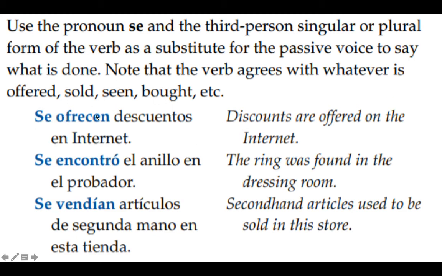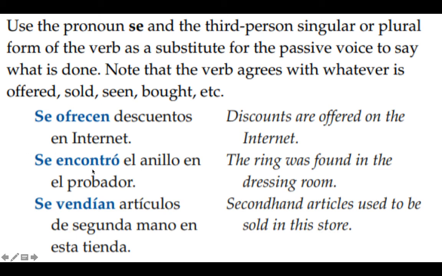Discounts are offered online. In this case, ofrecer, your verb, to offer is conjugated to agree with descuentos, or discounts, which are plural. So instead of se ofrece, it's se ofrecen with an N, because you're using the they box. Discounts, they are offered online. Se ofrecen descuentos en Internet.